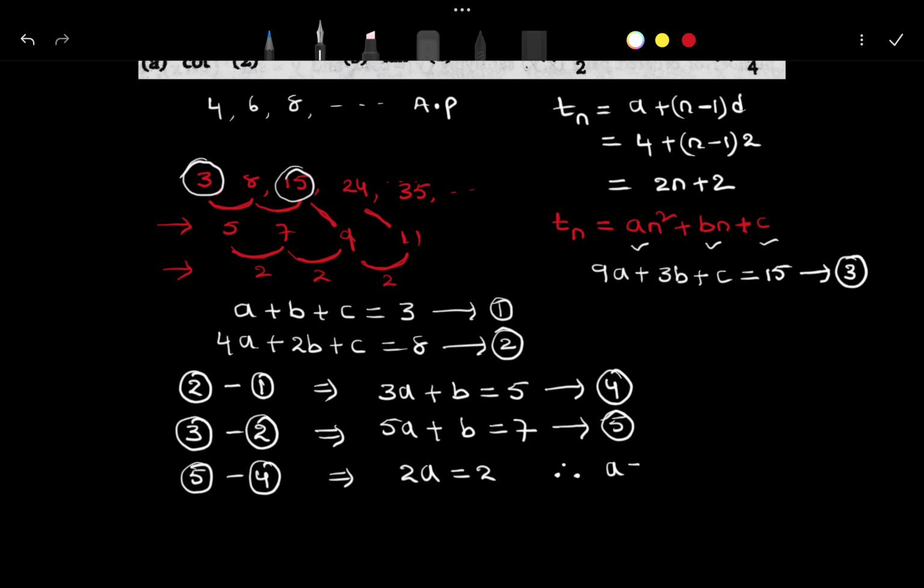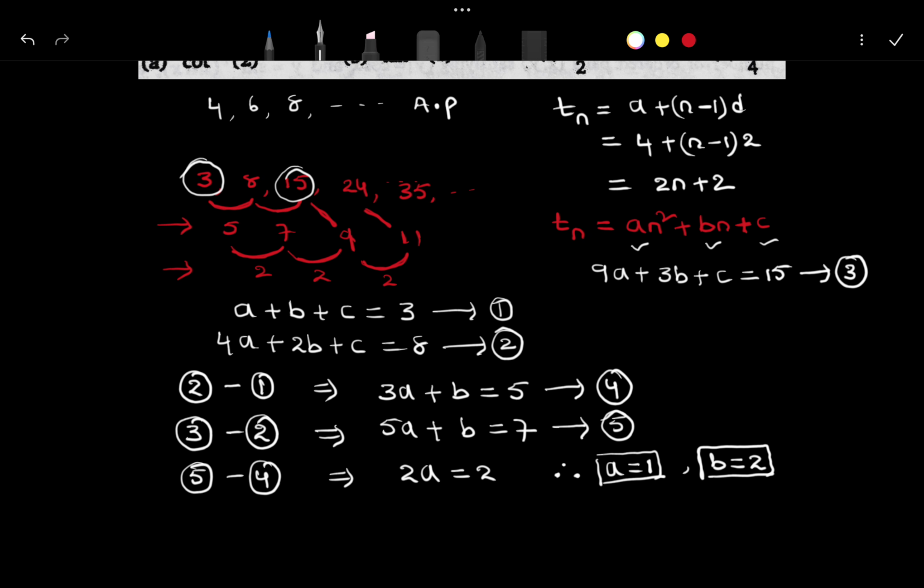If we know the a value, substitute it in either 4 or 5 and you can get the b value. Substituting in 4, b is equal to 5 minus 3, which is equal to 2. So b is equal to 2.